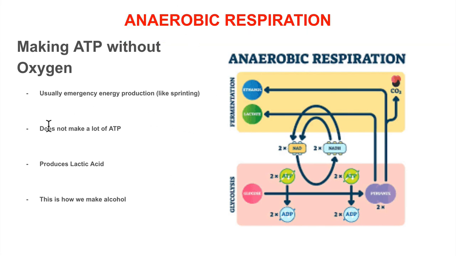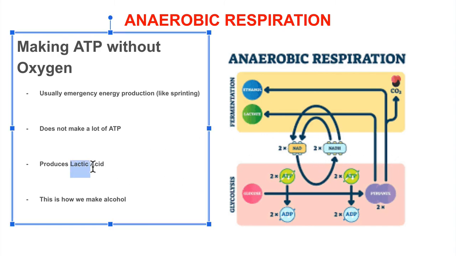So it doesn't make a lot of ATP. I'm going to do the first step, glycolysis. I'll probably do the second step, the Krebs cycle, but I can never do the electron transport chain because I don't have oxygen. So I can make maybe 4 ATP instead of 30 ATP. And something else that is made when I do this is called lactic acid.